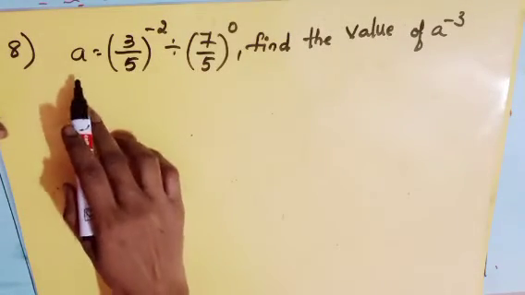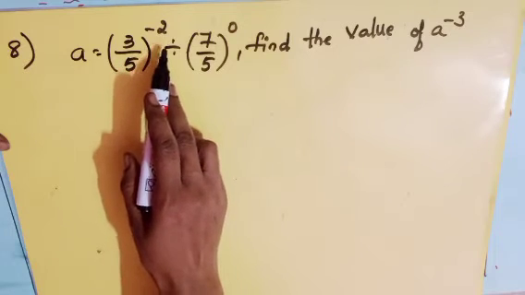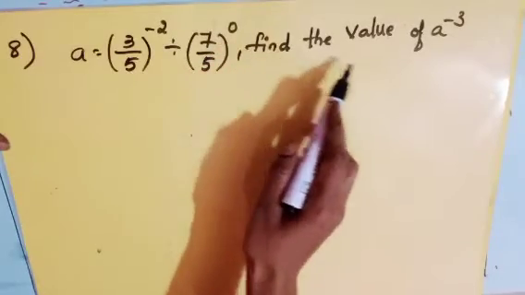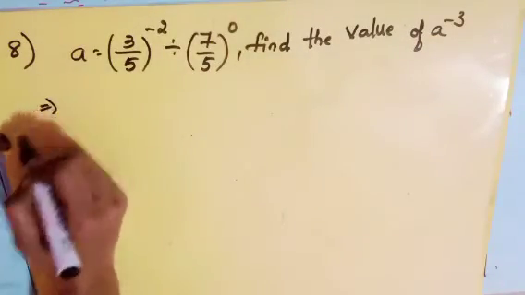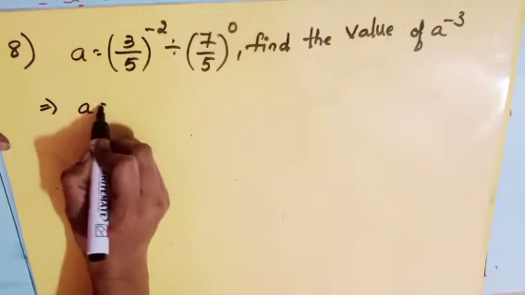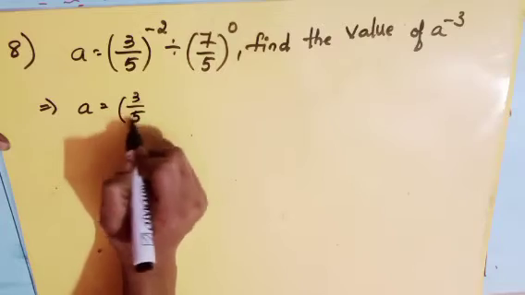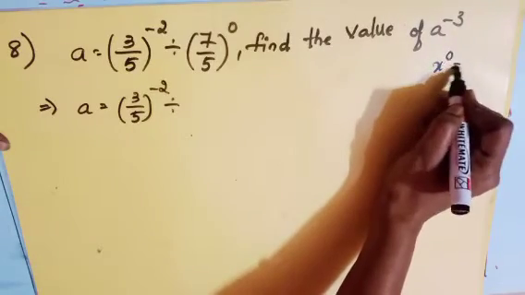Next one, A equals 3 by 5 whole to the power of minus 2 divided by 7 by 5 whole to the power of 0. Find the value of A to the power of minus 3. So A equals 3 by 5 whole to the power of minus 2 divided by, see here, the value of x to the power of 0 equals 1.